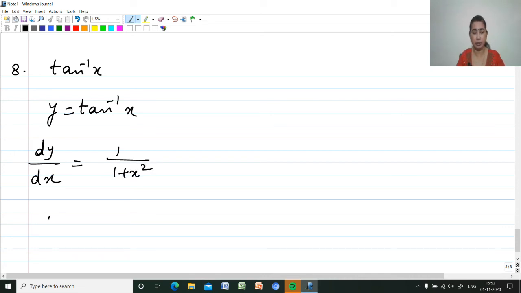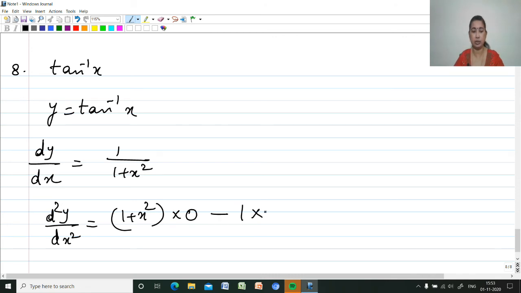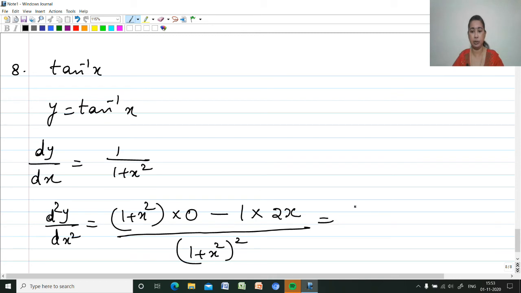Then again differentiating, we are getting d square y by dx square is equal to denominator into derivative of numerator is 0, minus 1 into derivative of denominator is 2x, whole divided by 1 plus x square whole square, and that is equal to minus 2x divided by 1 plus x square whole square. That's the second derivative.